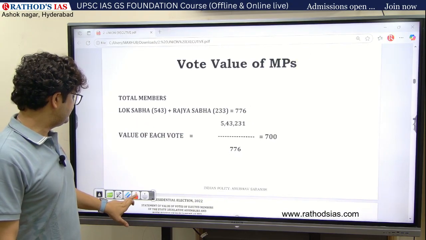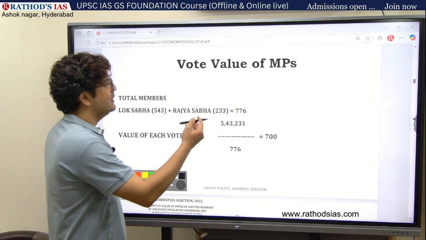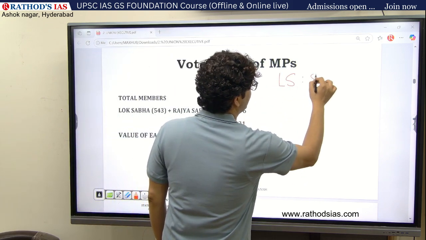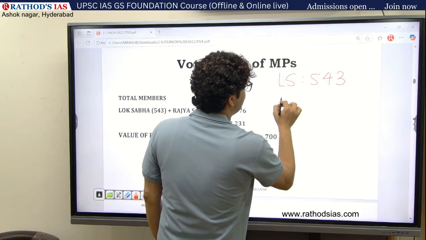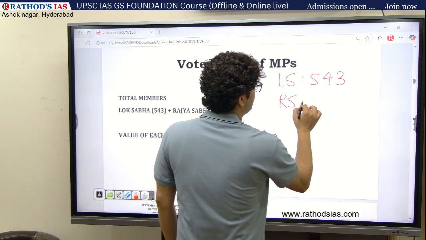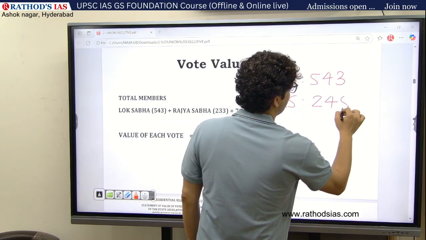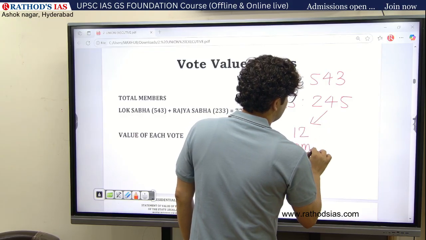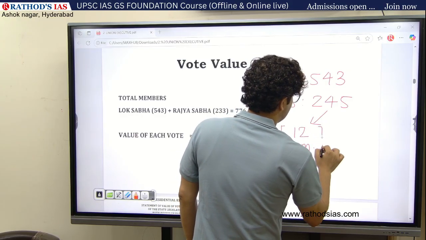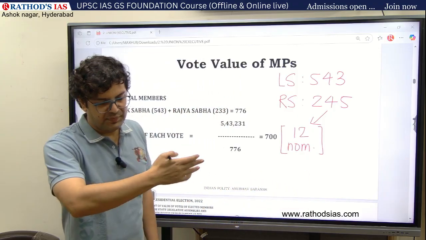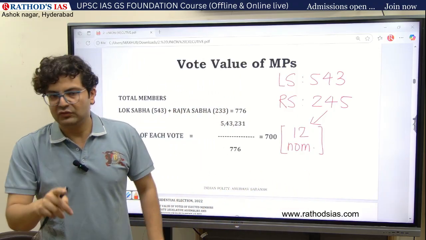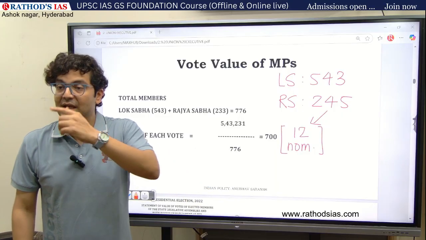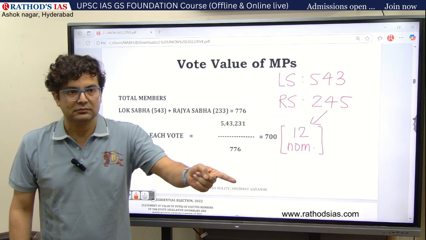Just to explain this point here, understand please. In the Lok Sabha, you have 543 MPs. In the Rajya Sabha, you have 245 MPs, of which 12 are nominated. Remember, these people like say Ilayaraja, PT Usha, are nominated. So they are not included. Only elected MPs are included because only elected MPs get to vote. Clear?